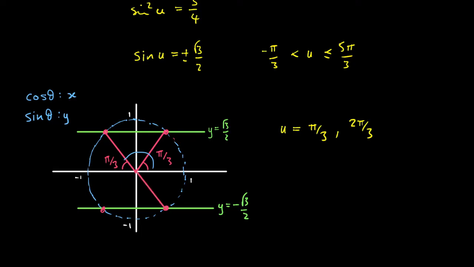So we want to find this angle here, and also this angle here in green. I will draw like that. Now, this angle is the reflection of that angle, so those are going to be the same.